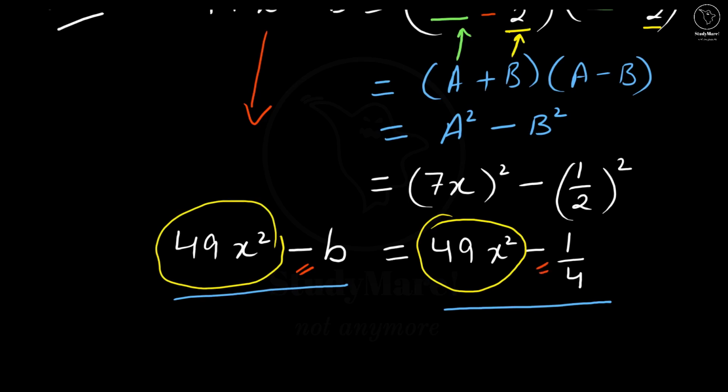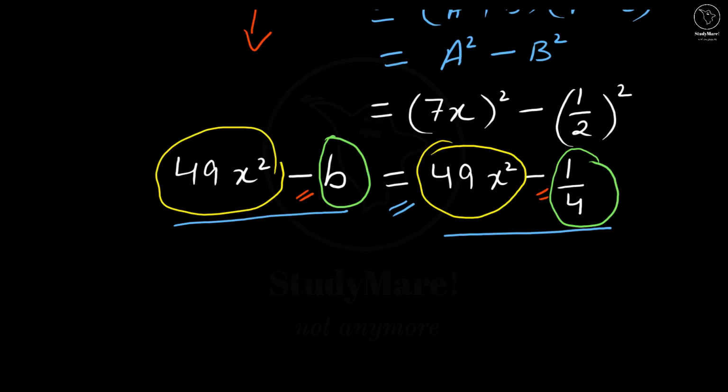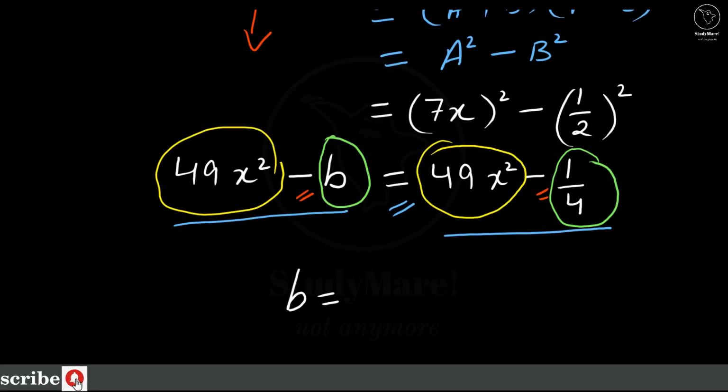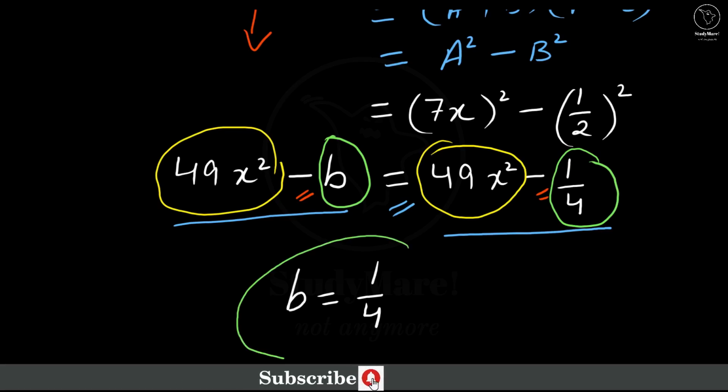We have b over here and we have 1/4 over here, which means, because of this equal to sign, which says that both LHS and RHS are equal, that can happen only when the value of b is equal to 1/4, and that is our answer.